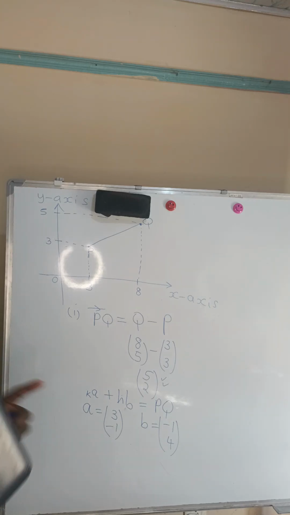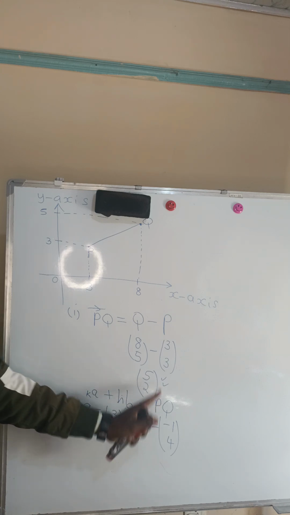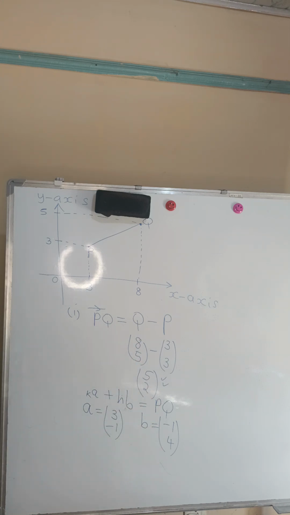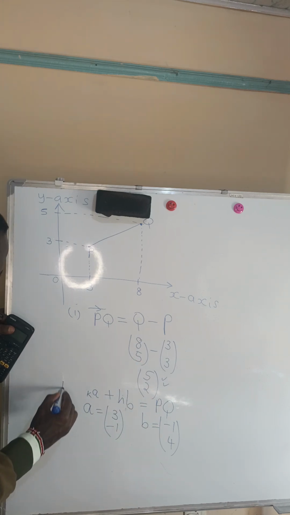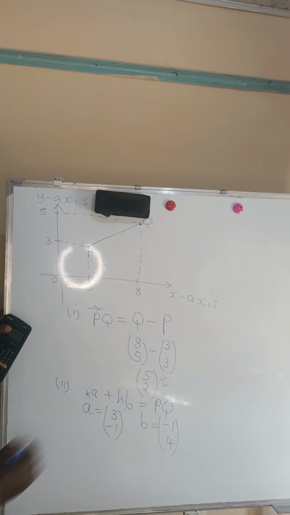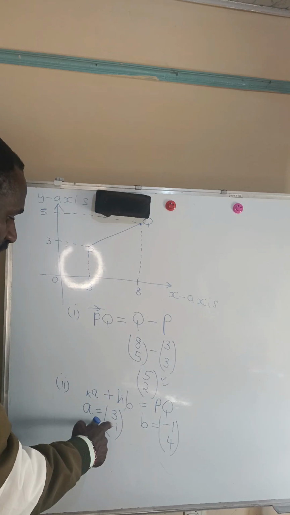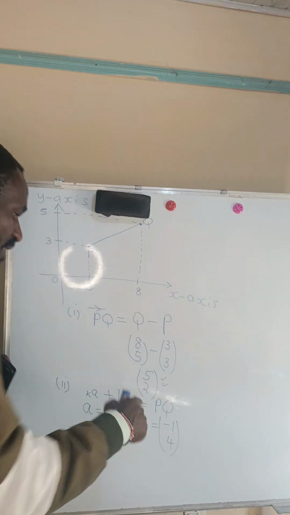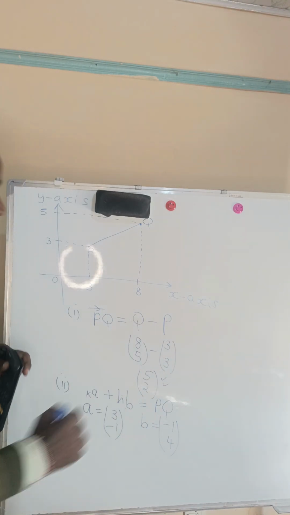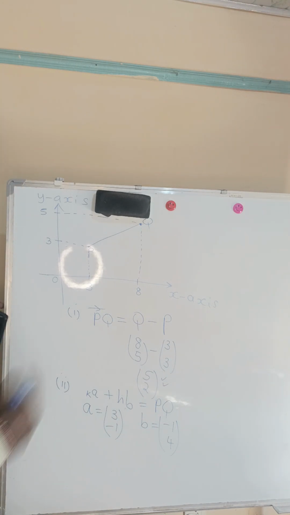So if those two vectors are given, then it is very easy for us to get the constants K and H if we have PQ as the vector obtained in part 1 of that question. So the Roman 2 expects us to get the values of the constants K and H. Vector A is given, vector B is given, and vector PQ is already obtained in the first part of the question. So we shall just proceed.